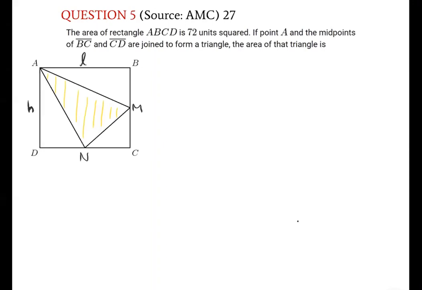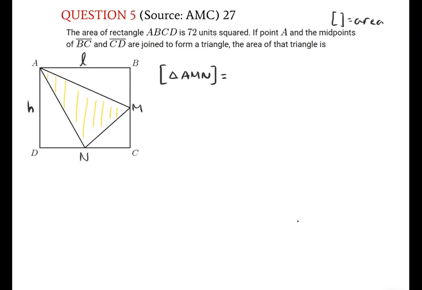Okay. Now we want to find the area of triangle AMN. So these brackets just represent area. I'll just leave a note here. And we want to find the area of triangle ANM.